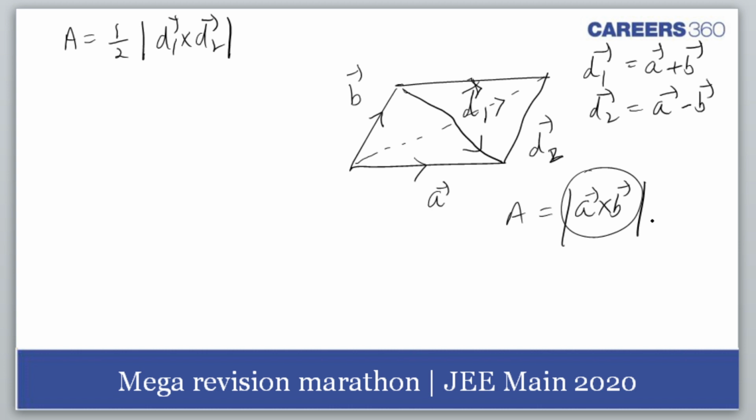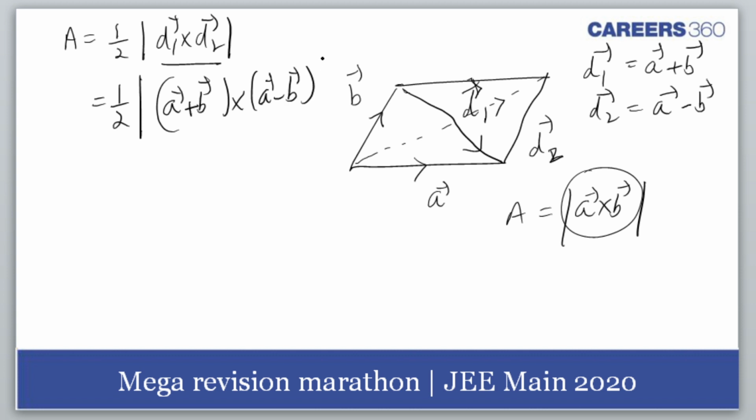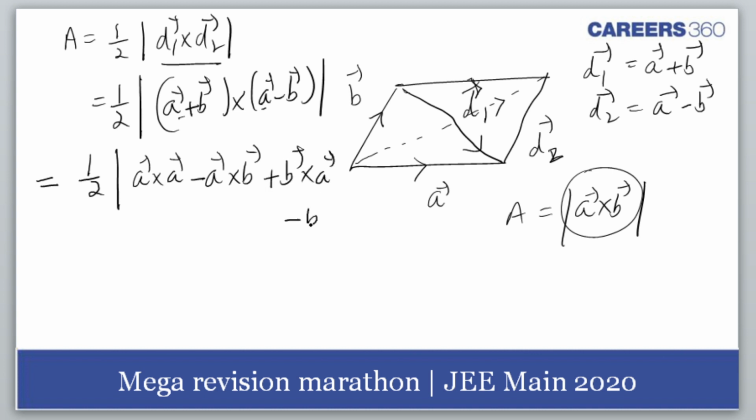So if we consider d1 cross d2, what do we get? We get A plus B cross A minus B. Is it okay, students? So what do we get? We get half of A cross A minus A cross B plus B cross A minus B cross B. Simple distributive property I am applying.